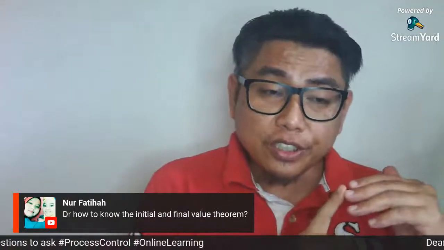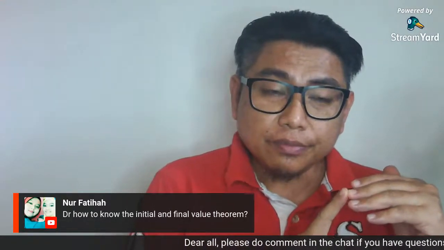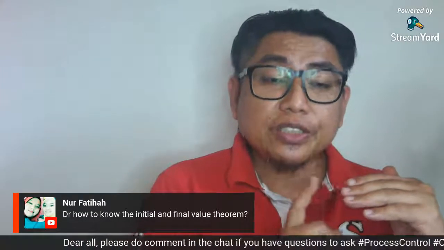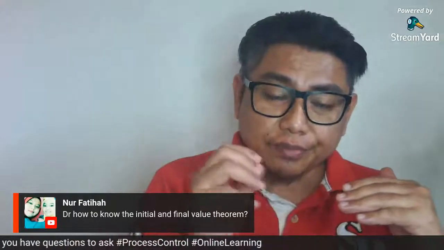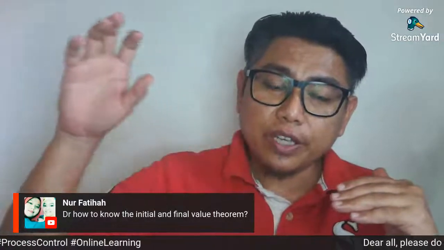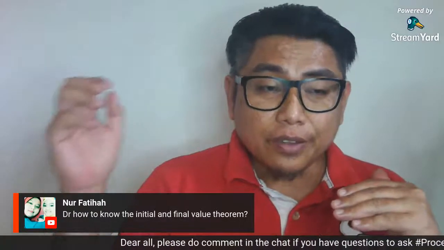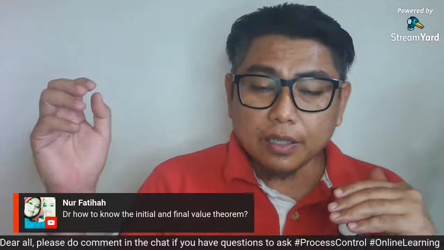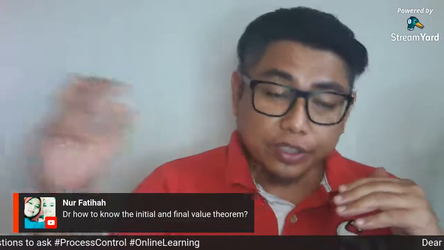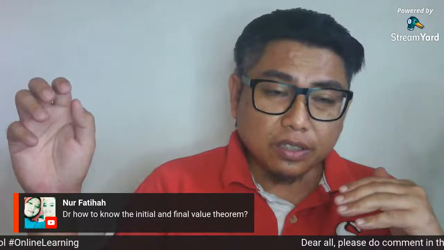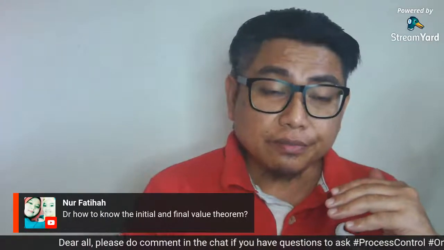You should start initially at time equal to 0. Therefore, you need to use the initial value theorem. From that, it will give you your initial steady state value. And after you have a step change, you will have a certain response and you will end up at a certain value. That we call the final value. And this final value you can identify using the final value theorem at time equal to infinity, because once it has settled to one steady state value, it will remain the same unless there is some disturbance.